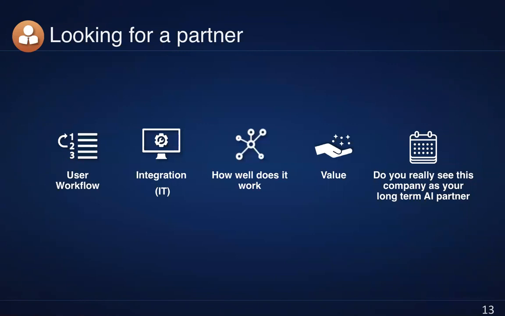There are always differences between how people evaluate us or other AI vendors. But I would say there are kind of 5 main criteria that people look at to evaluate if it fits them and fits them right now. So actually the first and most important thing is the 4th in this list, which is value.